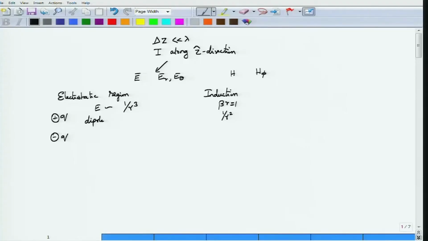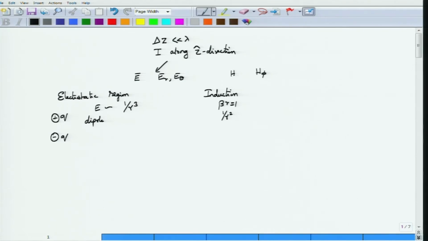However, these reactive fields can be exploited to do some work for us. There are many applications of that, one of them being the induction cooker that you might have seen at your home. This appliance basically works by using reactive power and converting it into real power.